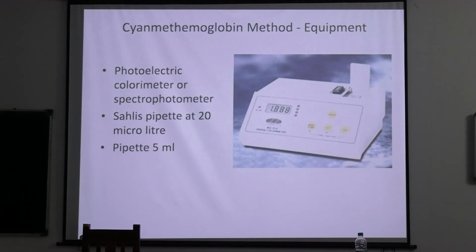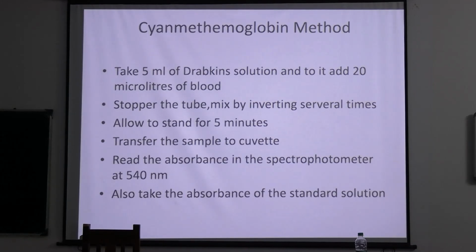And this is the photoelectric meter. Here you get the reading, and here you place the sample. Okay, this will be there in the department also. The same thing is written twice.